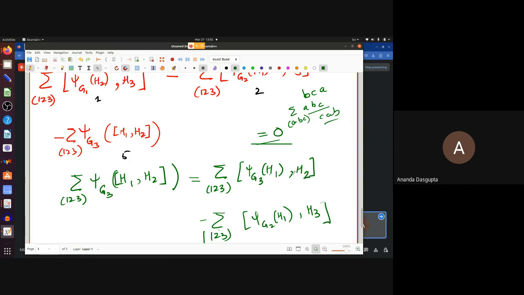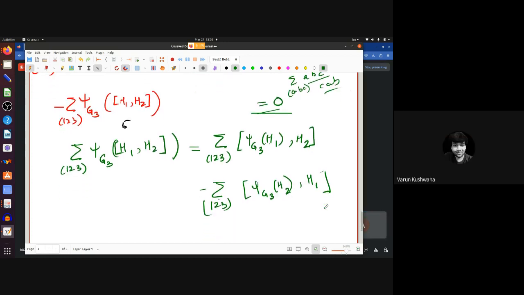Yeah, 3, 1, 2. That's very good. What about this one? The second term is 2, 1, 3. What should this be? It's 2, 1, 3, anticyclic order. Here this will be 3, 2, 1. Right? 3, 2, 1. Remember, that is why these two terms cancel.